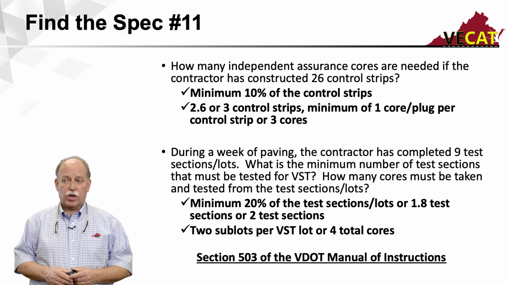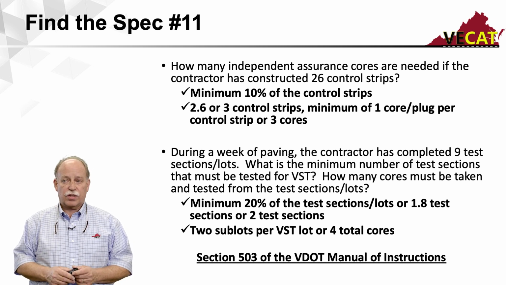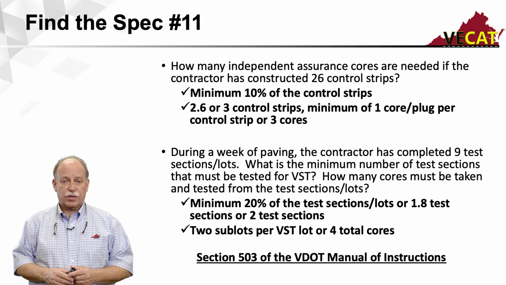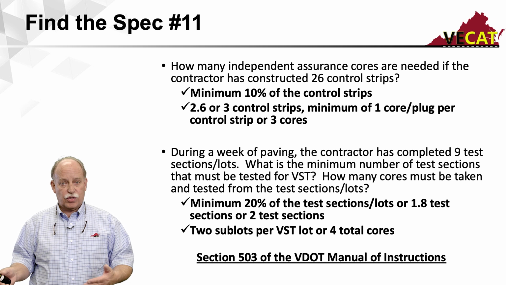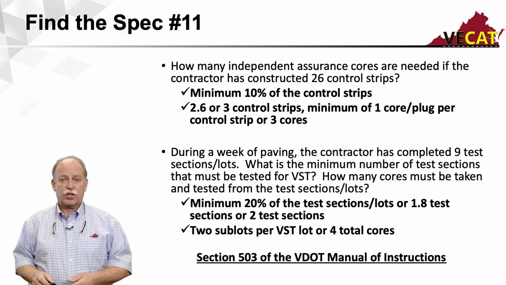The second part of that question was, how many cores must be taken and tested out of those test sections and lots? Well, we have 2 sublots per VST lot. So that means you've got 4, right? We had 2 before. We have to have 2 sublots per VST lot. So we wind up with 4 cores in this instance. All this is found again in the manual of instructions, section 503, and you have a copy of that in your specifications book.